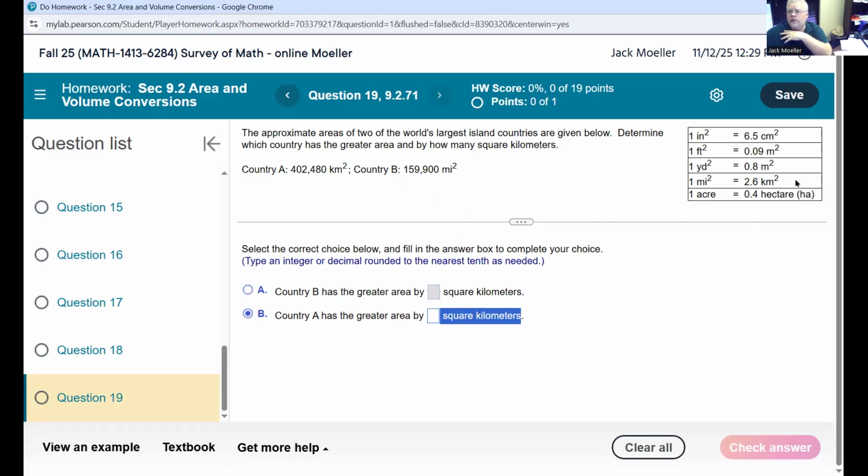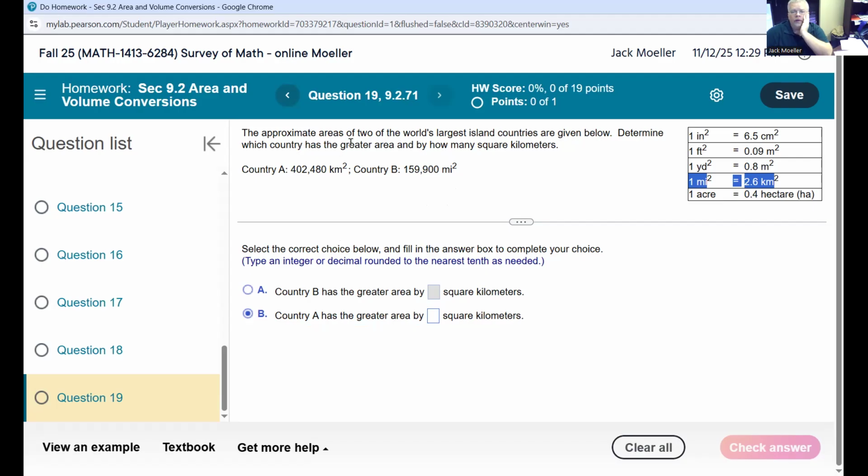If you go here to the side, we're given that 1 square mile is 2.6 square kilometers. So you do 159,900 miles squared over 1. Your next fraction is going to be 2.6 kilometers squared over 1 mile squared. Mile squared cancel, and then you get your area in square kilometers.